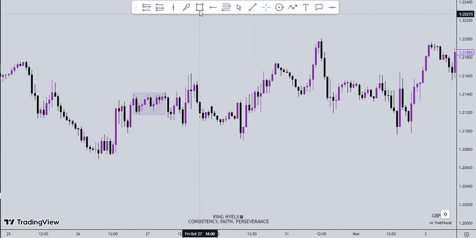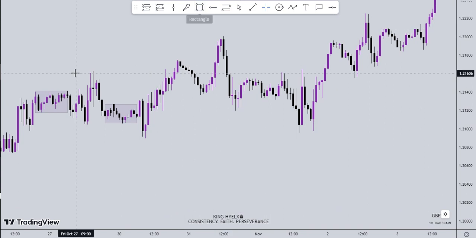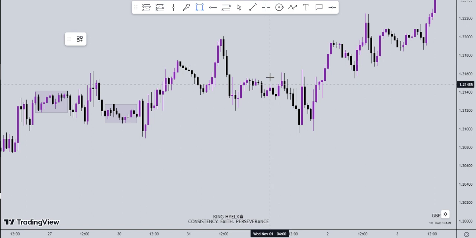For hours, it was within this particular range here. Now, what do we have here again? This is also consolidation, because for hours, price was trading within a range, went up, came down, went up. It did not break this particular range, so we're trading within a range with no willingness to go higher or lower. This over here is also a consolidation.